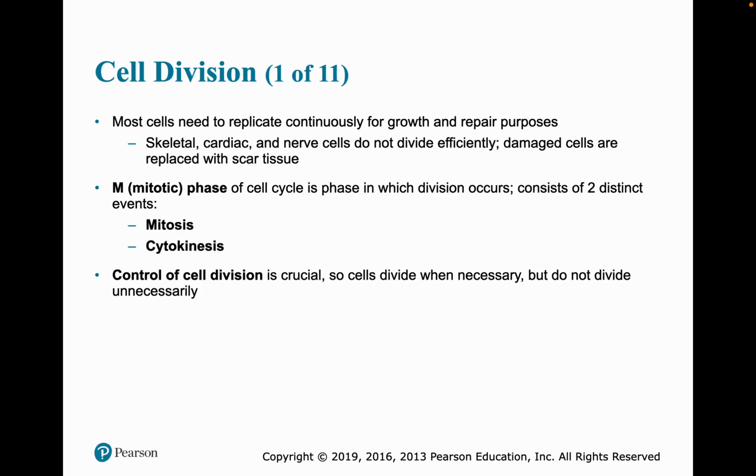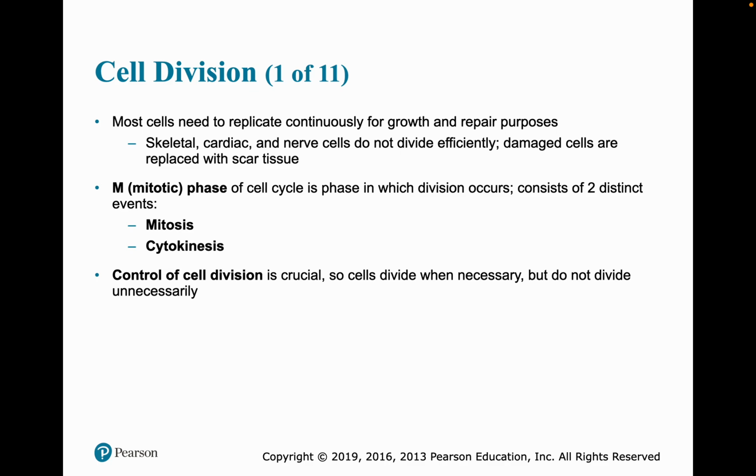So that sets us up for mitosis, which is part of cell division along with cytokinesis. There are some cells that do not replicate. Those would include cardiac muscle cells and nerve cells. Skeletal muscle cells don't replace themselves very efficiently.